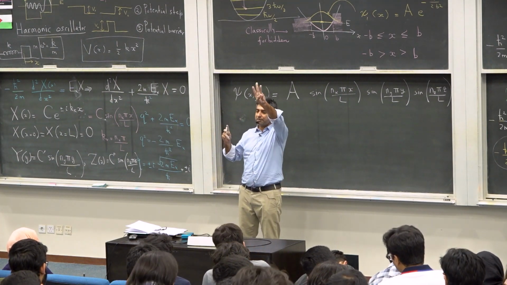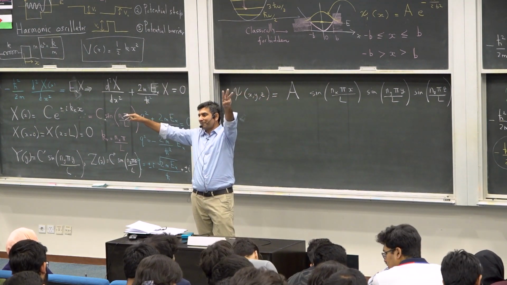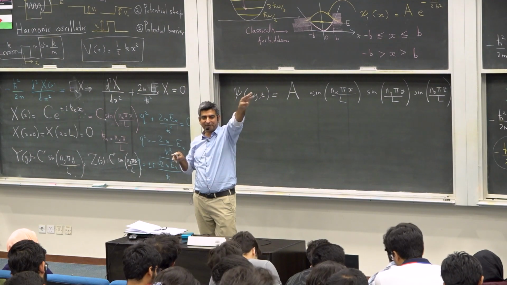And now you get three quantum numbers, nx, ny and nz. In 1D you have one quantum number, in 3D you have three quantum numbers.